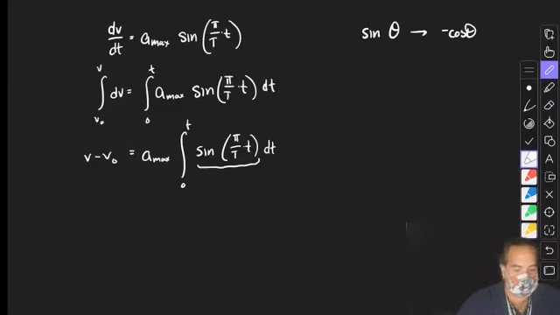But herein lies the problem. This isn't sine of t. This is sine of another function inside of here, meaning we can do the antiderivative only of this. We don't have the antiderivative of this with a function inside. So there's a process called U-sub. U-sub is a method that will help us replace this function with one that is simpler, and we're going to replace it through something called substitution.